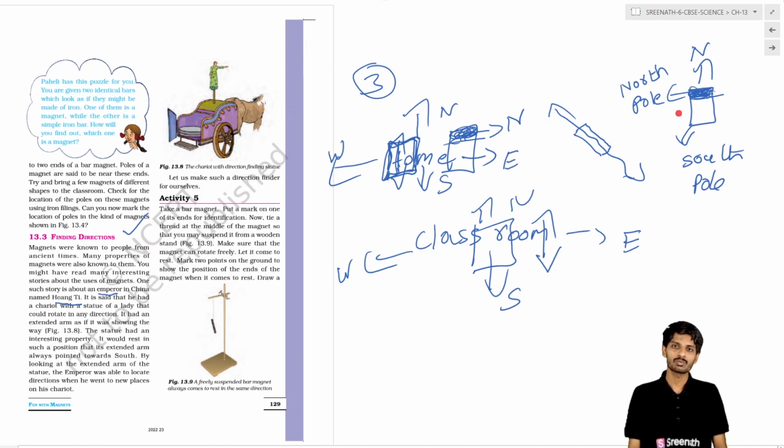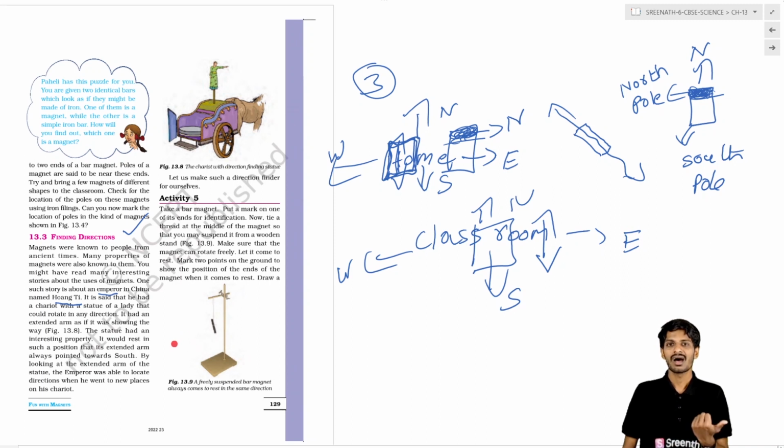If you mark the north pole in one case, then in further cases you can simply know by doing this experiment, by seeing the alignment of this bar magnet, what is the direction of your home or house, where is the north direction, what is the south direction.